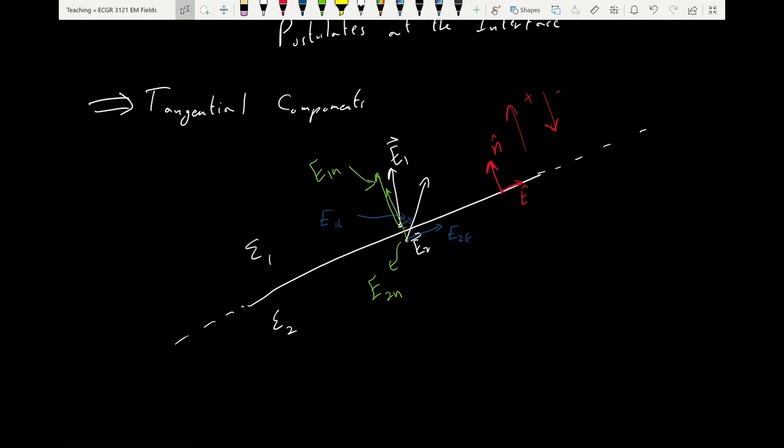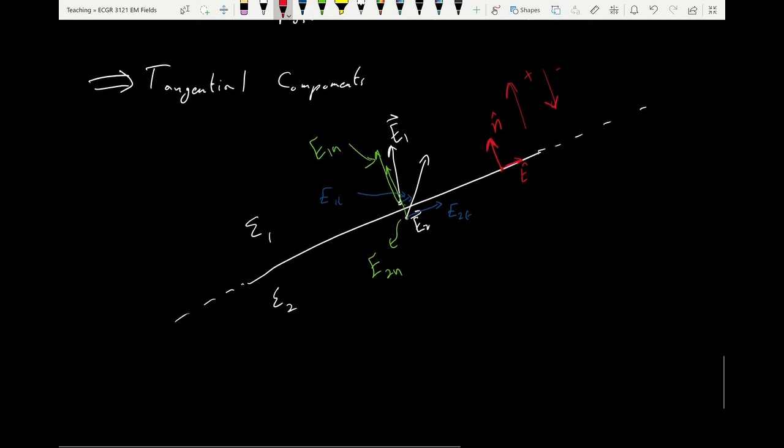So the idea is that the field just before the interface and just after the interface, we can decompose both into two components: a component tangential to the interface and a component normal to the interface. It's good to do that now because we can examine the transition in the field for both the tangential and normal components. And once we know the transition for both, we can just add them up to get the total transition.